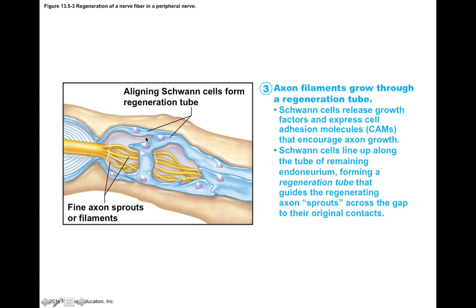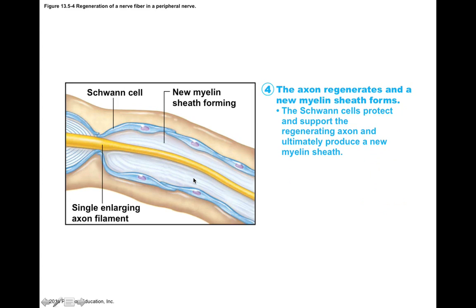The axon can then regrow through this tube of Schwann cells, provided there isn't too much debris in the way, guided by growth factors released by these Schwann cells. You can think about the new axon as following the chemical scent trail of the previous axon, until eventually the new axon is reformed and a new myelin sheath is regenerated.